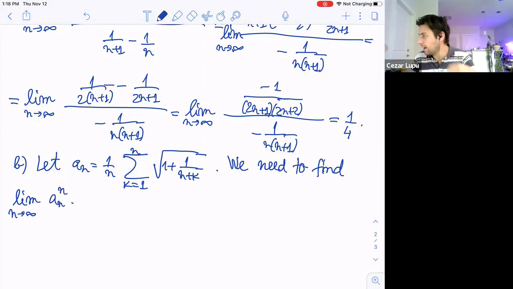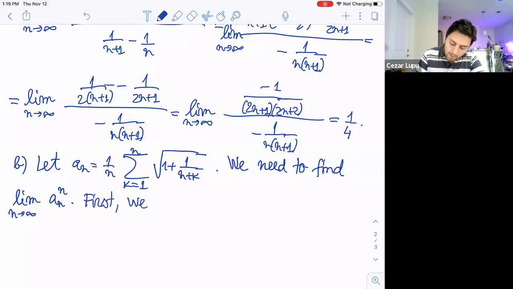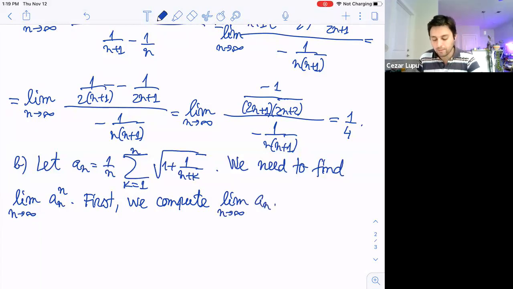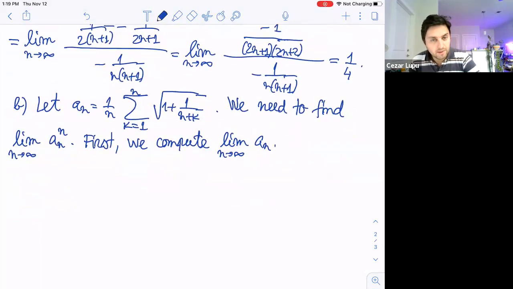But before we do that, first, we compute the limit as n approaches infinity of an.